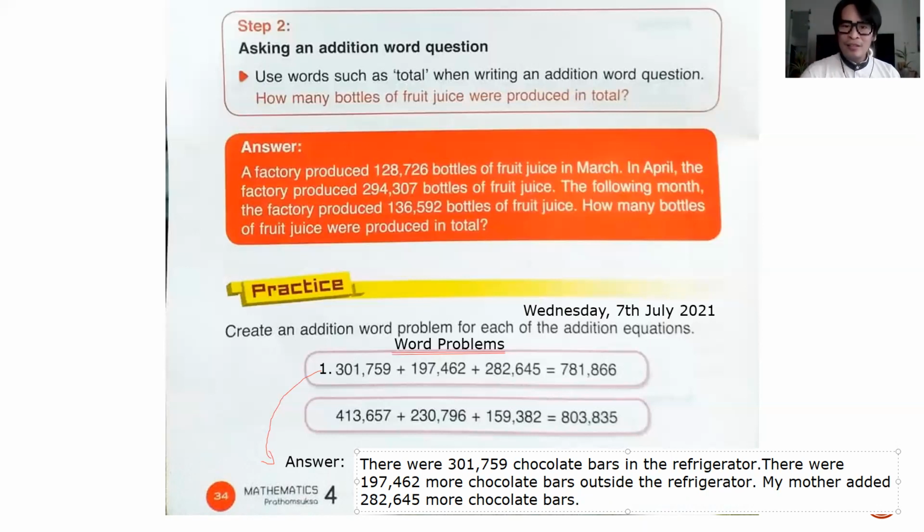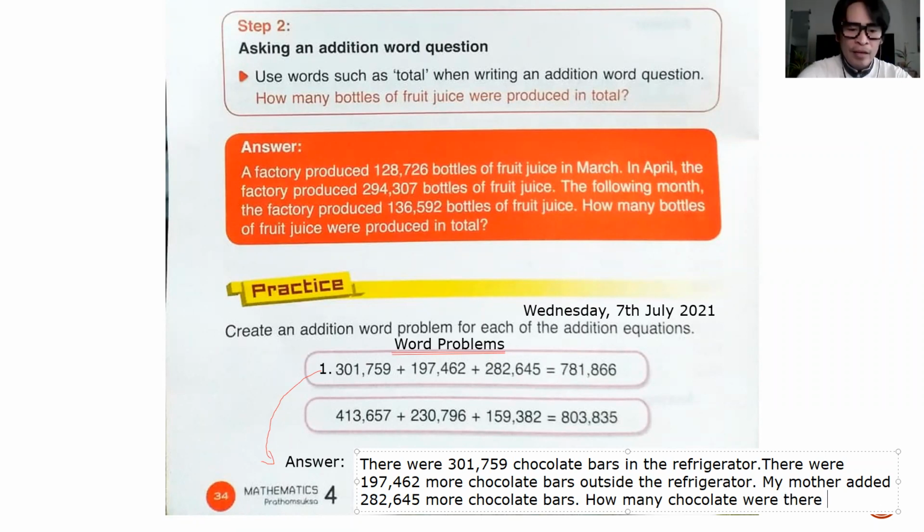So there should be a question. How many chocolate bars are in total? Yes, how many chocolate bars were there in total? It should be past tense also, not are. Were in total.